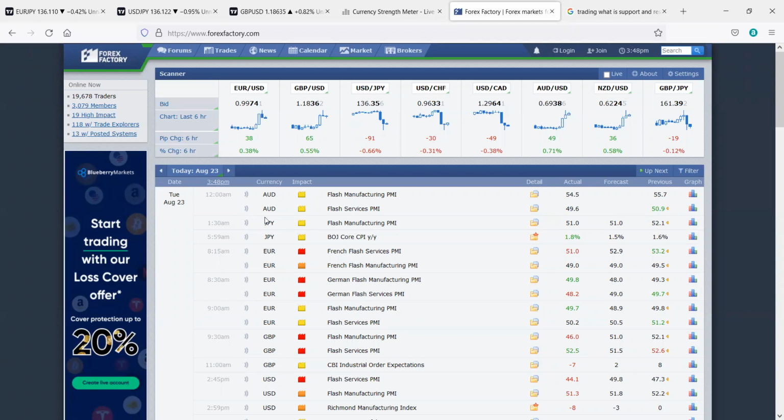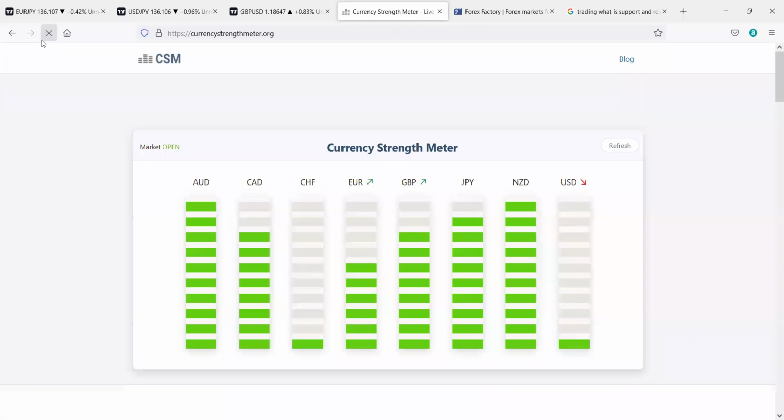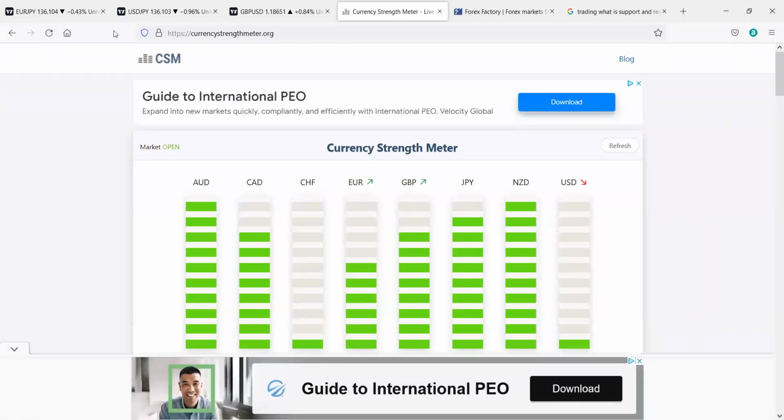But usually if you see me on a live session, I would always look at the Forex Factory news. After I have looked at it, I would then look at the currency strength meter to see what the currency pairs are doing, if they're bullish or bearish. And after that, I would just head into trading.